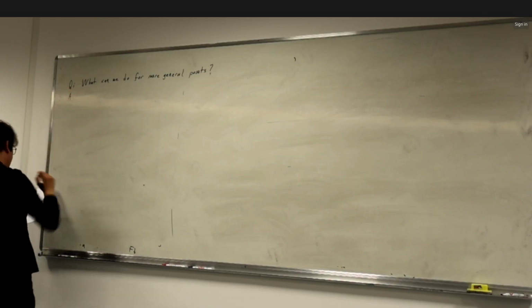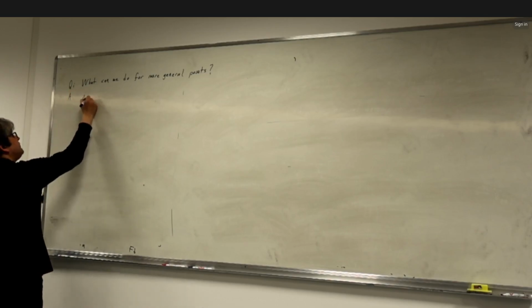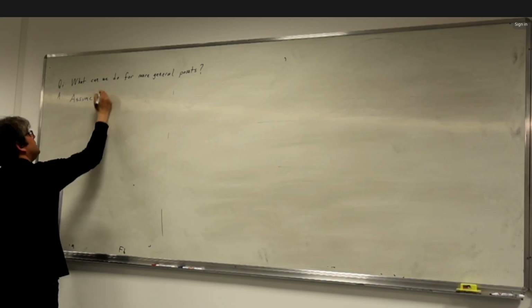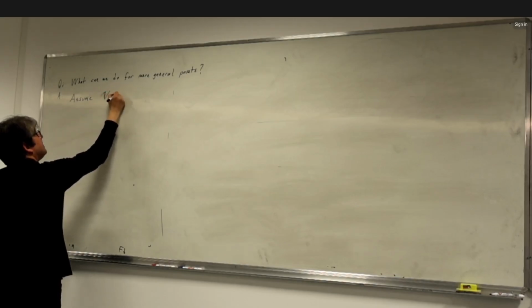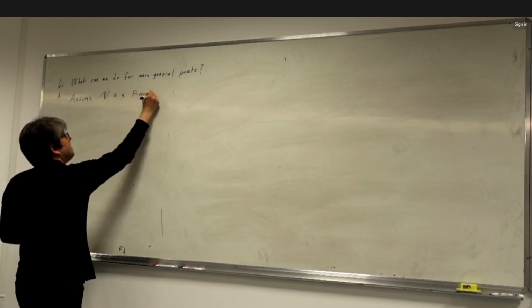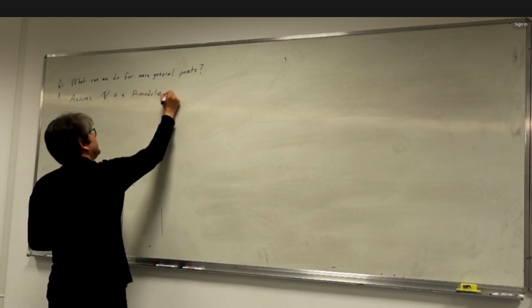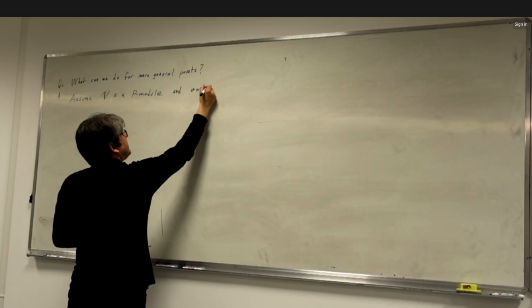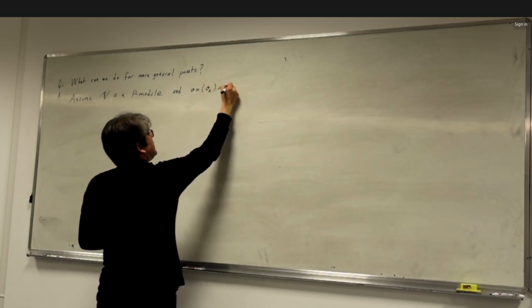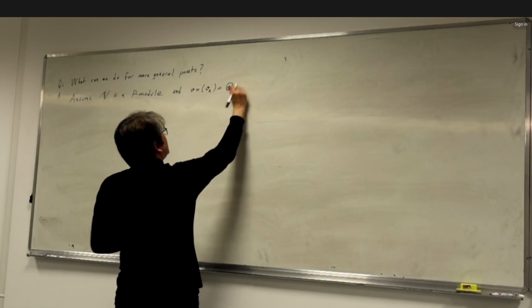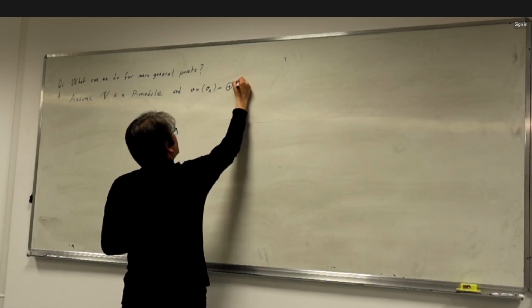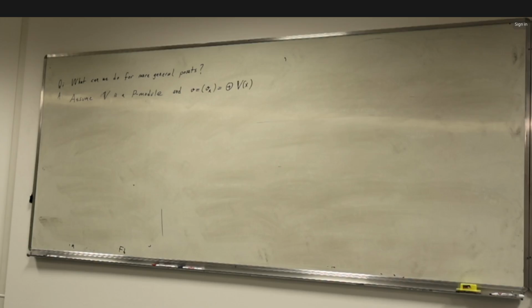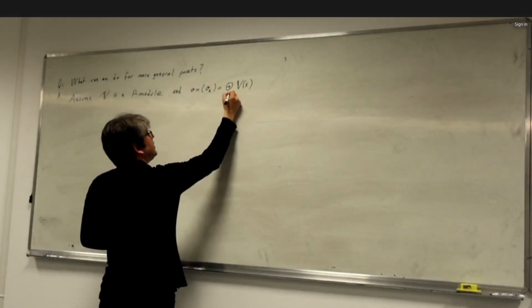Well, assume V is a P module, and let's say v is some vector in the direct sum of all these vector spaces V_x, where x ranges over objects of P.